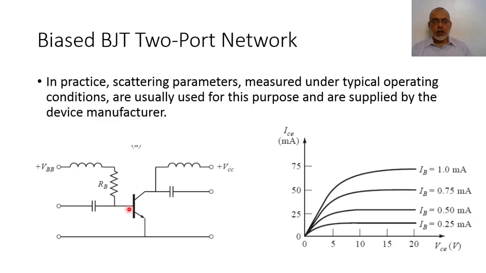The base is connected to a biasing resistance RB and a choke coil. The role of this choke coil is that it separates the DC from the RF bus, so any RF signal will see an open circuit from this RF choke coil.